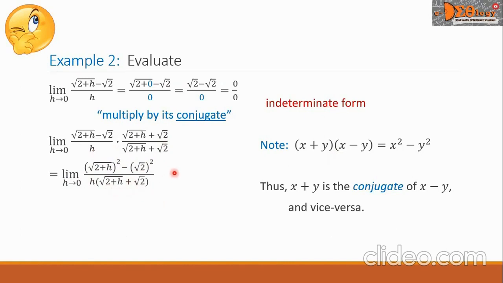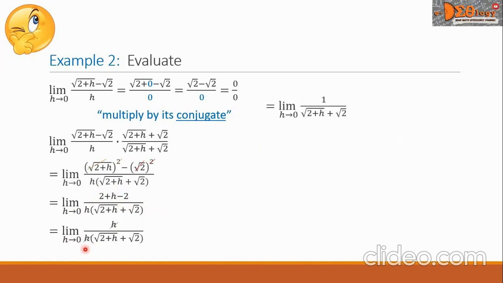Simplifying our numerator, we can cancel the radical and the power 2. Writing our function again, we have now 2 plus h minus 2 all over our denominator. The 2 here and the negative 2 will cancel each other, so what remains in the numerator is only h. Now observe that there is an h in the numerator and an h in the denominator that will cancel each other.